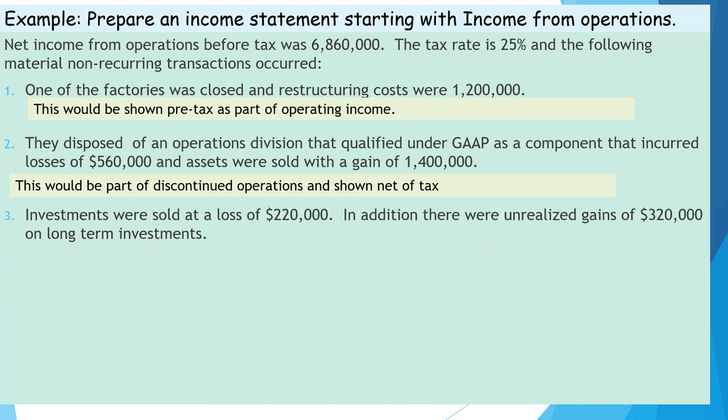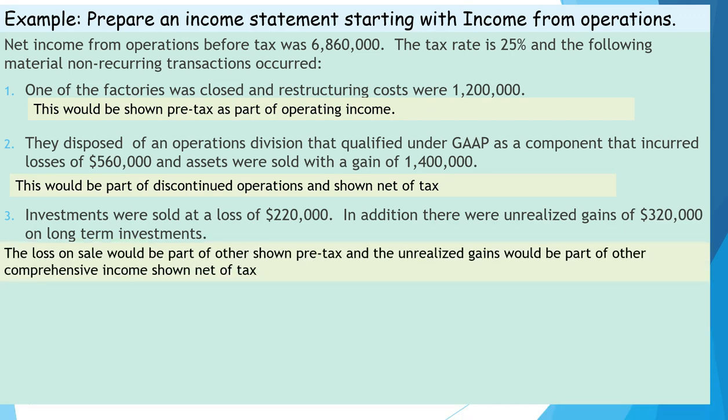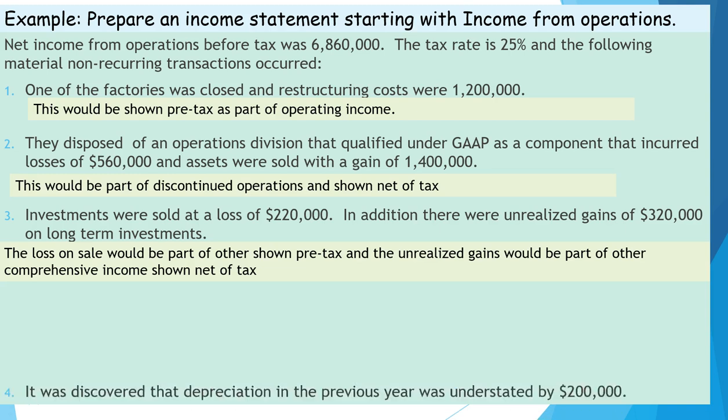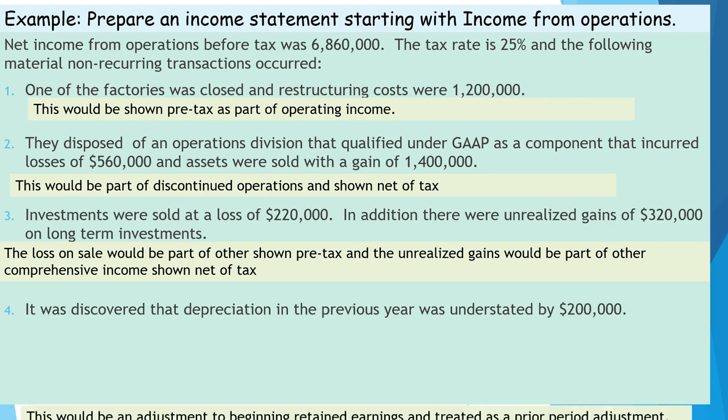Investments were sold at a loss of $220,000. In addition, there was unrealized gain of $320,000 on available for sale securities. The loss on sale would be part of other, shown pre-tax, and the unrealized gains would be part of other comprehensive income, shown net of tax. It was discovered that depreciation the previous year was understated by $200,000.